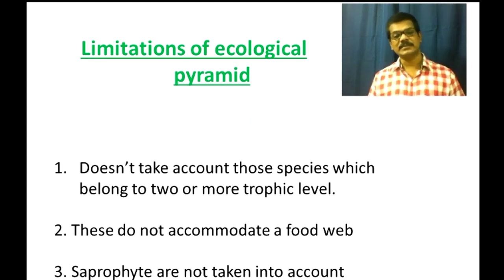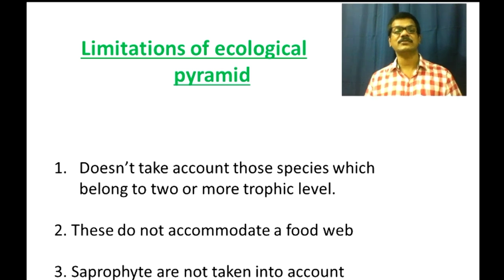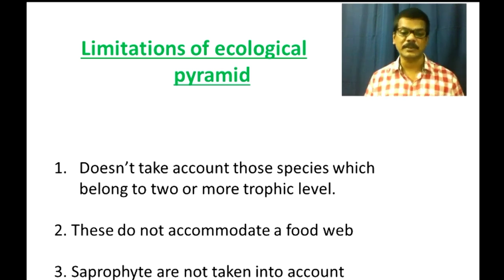We know very well that birds like a crow catch insects. It eats dead matter. It eats fruits also. So because of this varying food habit, it occupies two or more trophic levels. So it is not considered in the construction of ecological pyramids.